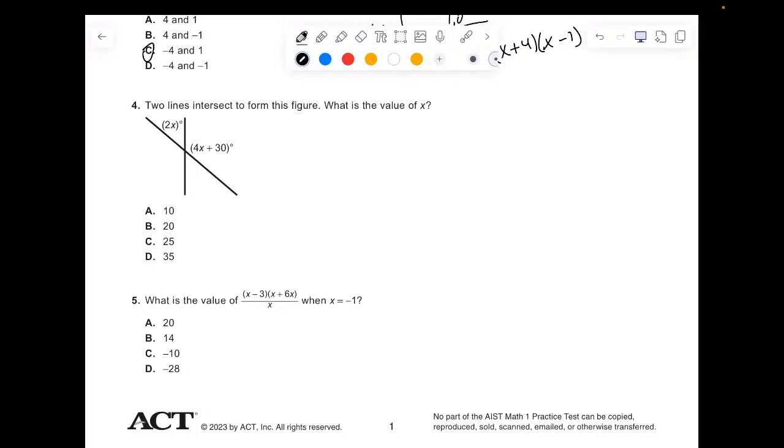Two lines intersect to form this figure. What is the value of x? Okay. The first thing I think of is this right here is a straight line. We know that's equal to 180 degrees.